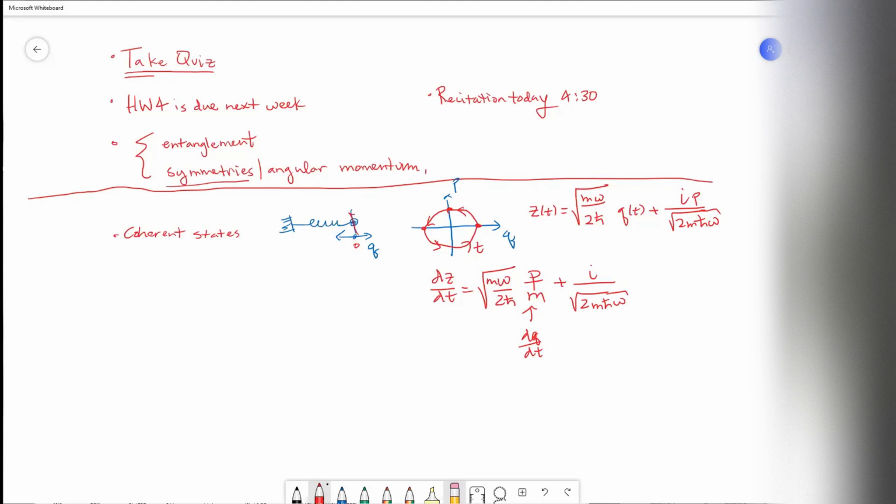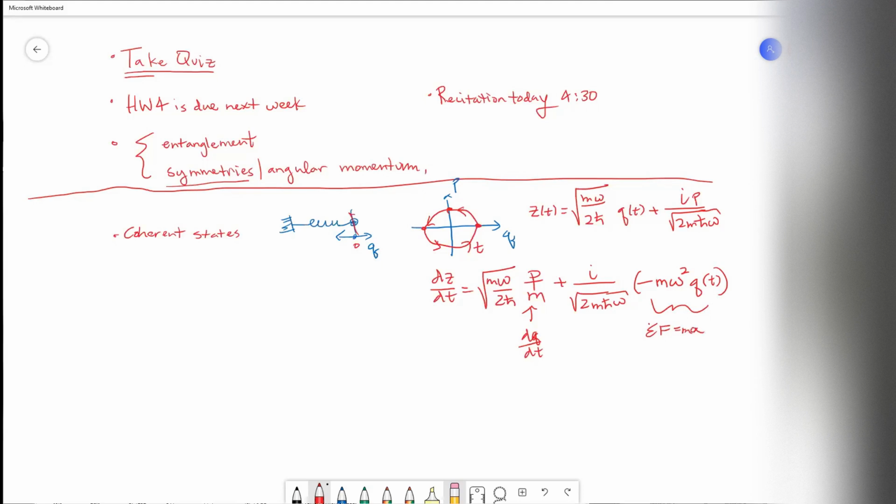That's F equals ma. So that would give you minus m omega squared. This is k, the spring constant, times q of t. It's just minus kx, the restoring force. This is just Hooke's law, F equals ma.